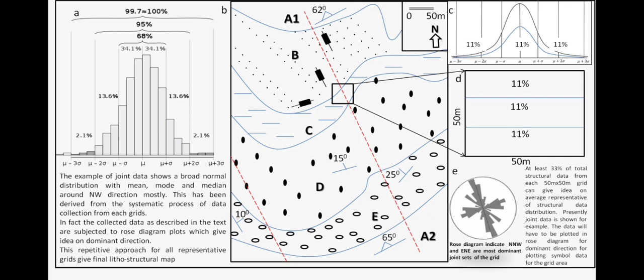Different lithocontacts are to be traced and correlated, and after demarcation of lithology, structural data must be collected together during the field traverses itself, and those are to be plotted in the map as per the field notebook, where we have jotted down all the data.